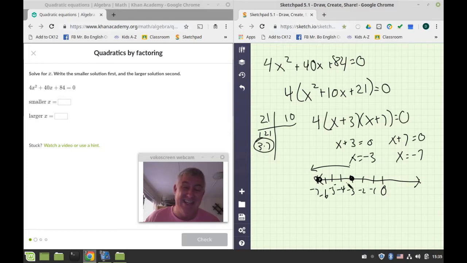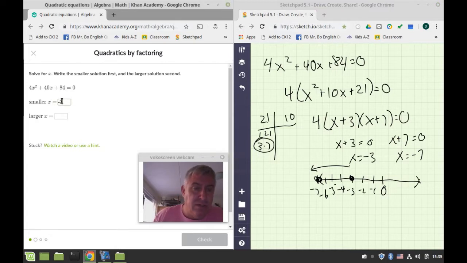Negative 7 is the more negative number, so it is smaller. And I know that that's confusing for a lot of students. Something we have to really get used to about negative numbers, because negative numbers are not really natural numbers.